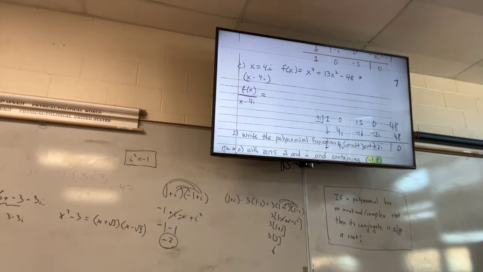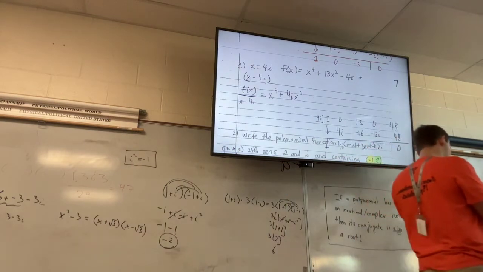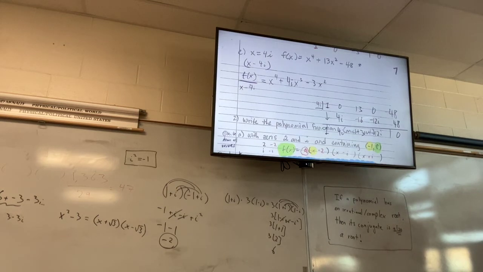All right, so this equals x to the 4th plus 4i x cubed minus 3x squared. Oh, it's cubed, right?